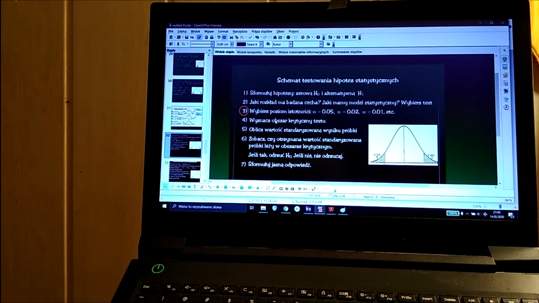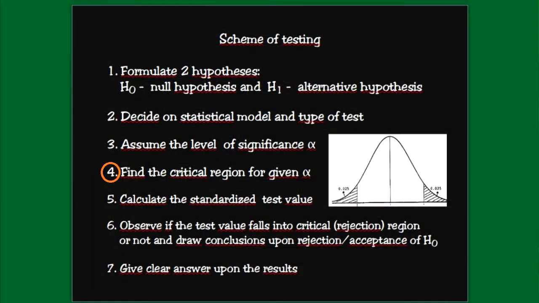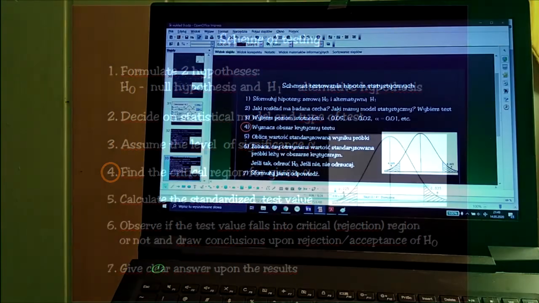Now, what is the next? We have to find, at the given alpha, the critical region. And what can be said about the critical region?